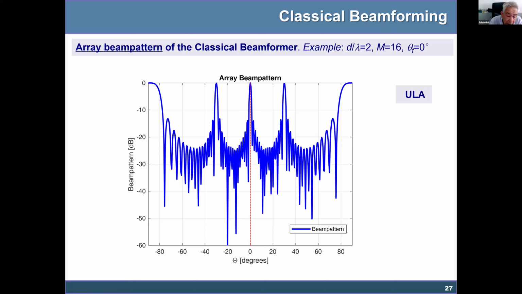These additional lobes that are created because we don't respect the Nyquist criterion are called grating lobes. So if you want to avoid the insurgence of grating lobes, we should respect the Nyquist criterion. That's why typically all the arrays are built with the maximum possible ratio d over lambda, which is 0.5.